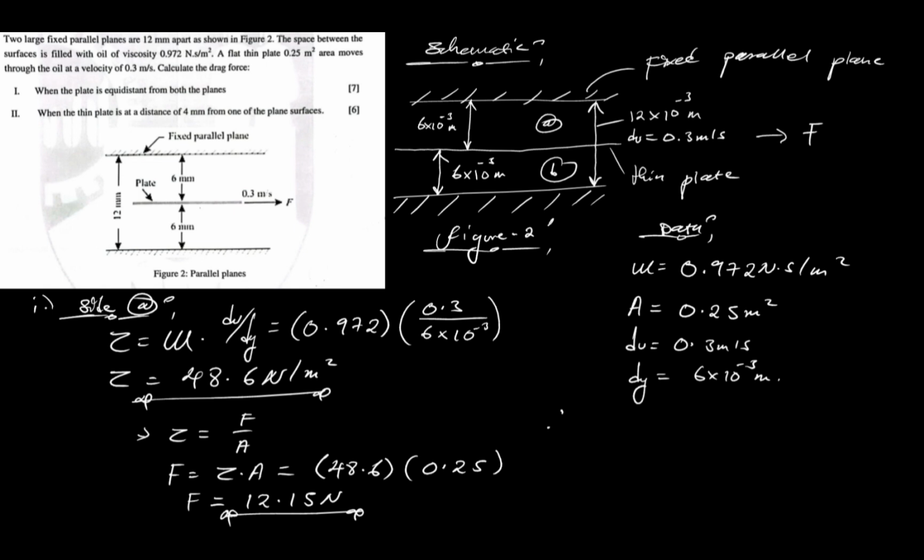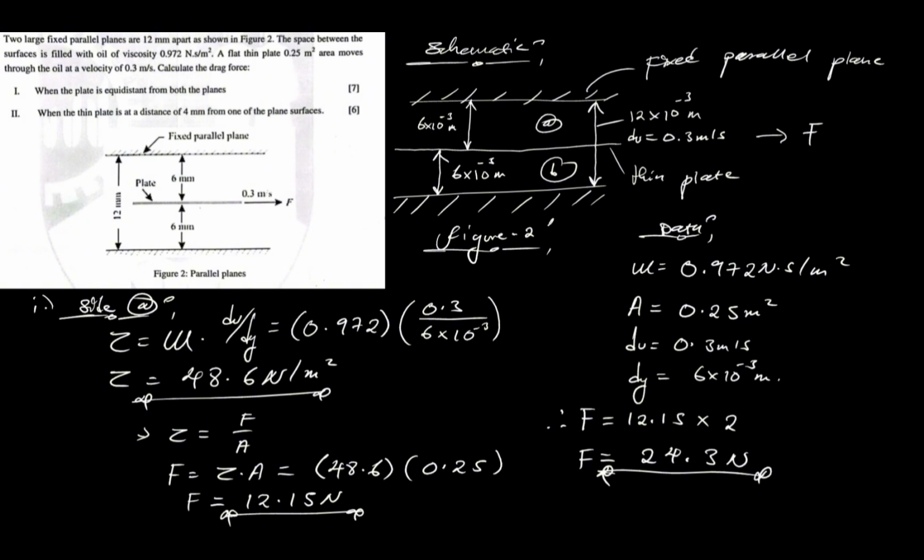Therefore, the drag force is going to be 12.15 multiplied by 2, and we have the drag force to be equivalent to 24.3 newtons, correct to 1 decimal place. So 24.3 newtons is the drag force when the plate is equidistant from both sides. I hope it is clear.